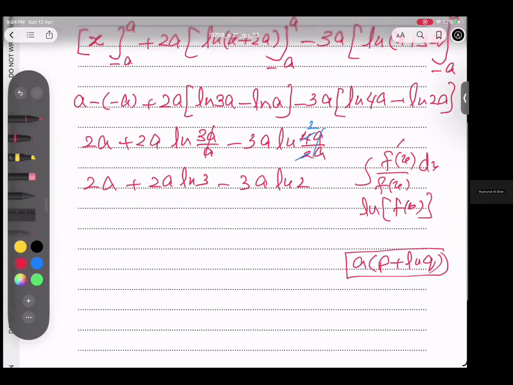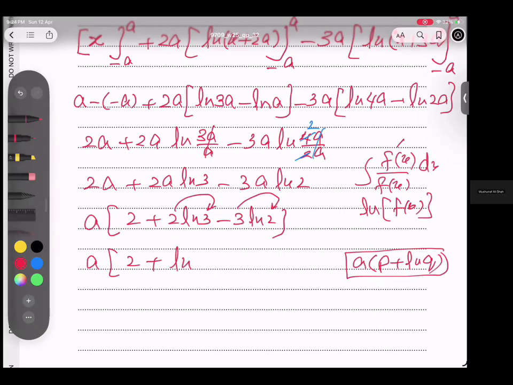So first of all, you can see a is common, so I can take a common out. I got 2 plus 2 ln 3 minus 3 ln 2. Now this p value is clear. Now a single log is possible: 2 goes in power, 3 goes in power.